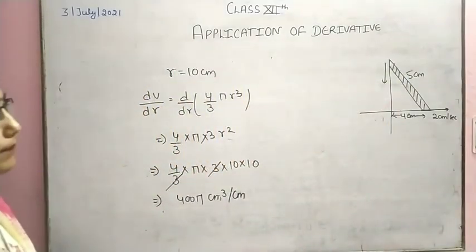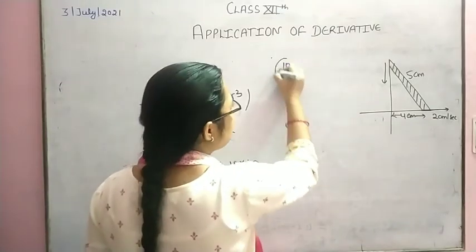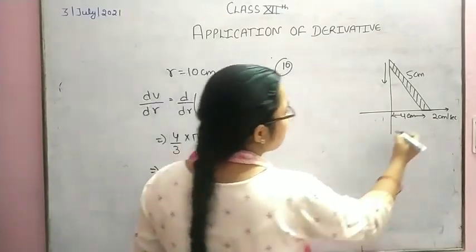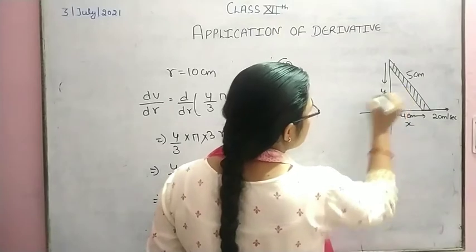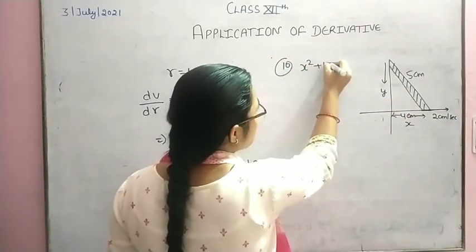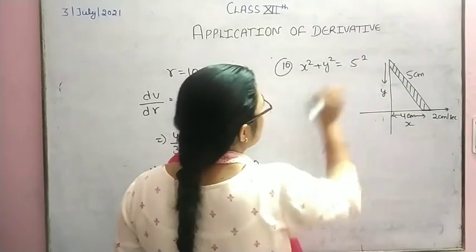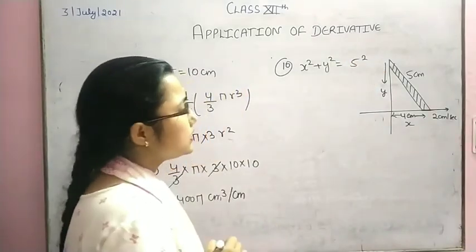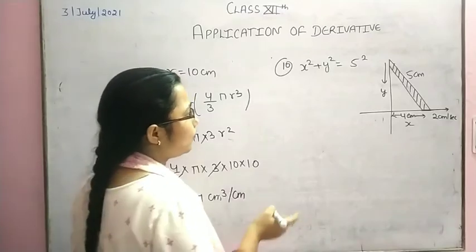Firstly, apply the Pythagoras theorem here. Suppose this is x and this one is y. So apply x square plus y square equals 5 square. Just differentiate it on both sides.